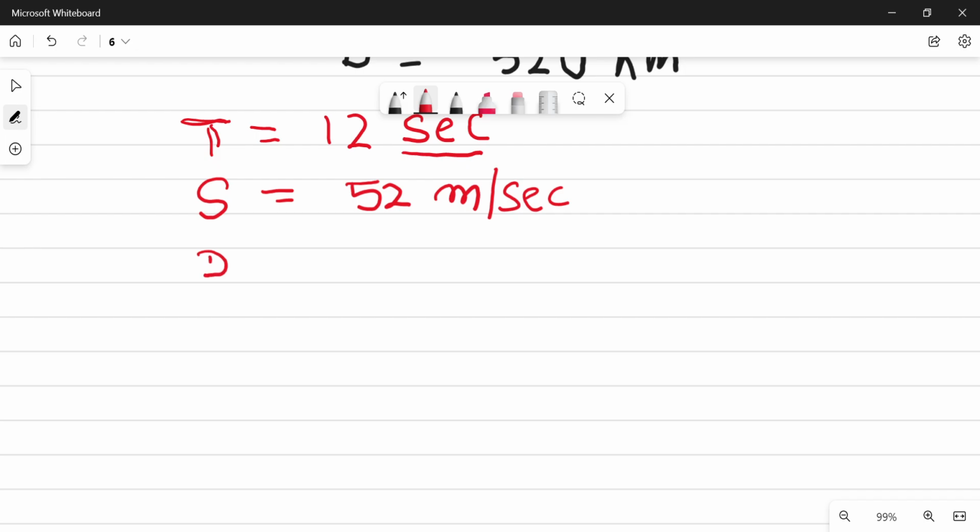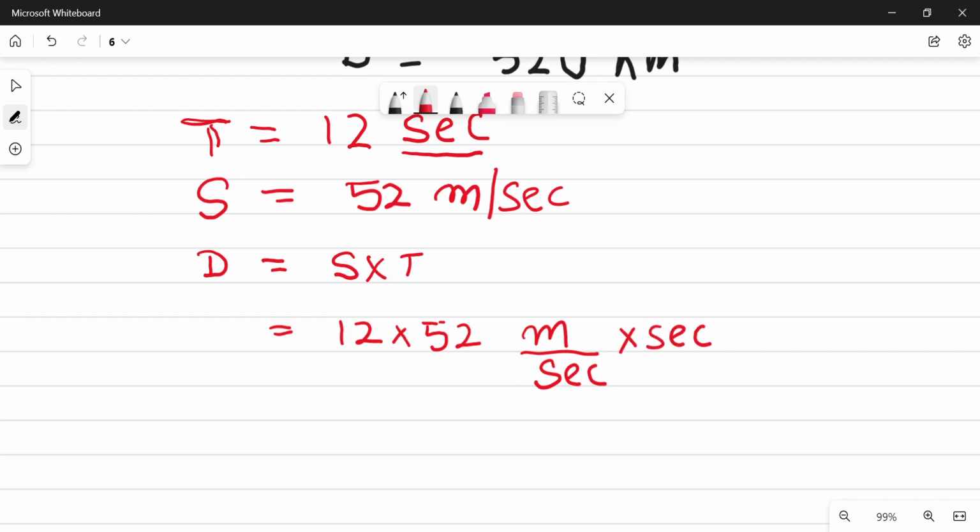Again, we know distance is equal to speed into time. We will multiply 12 with 52, and we have two units. We will multiply the units also, meter per second with second. We will cancel the second with seconds, and we have only meters, and our distance will be in meters.